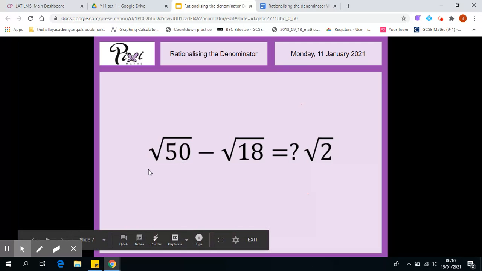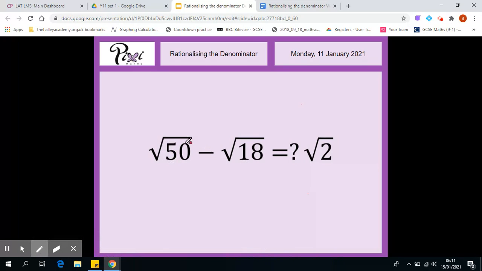Finally, how would you simplify square root 50 take away square root 18? What some of the pupils have done is subtract 18 from 50 and have square root 32, which is incorrect. First, you need to simplify each surd. Square root 50 can be written as square root 25 times square root 2, which can be further square rooted.